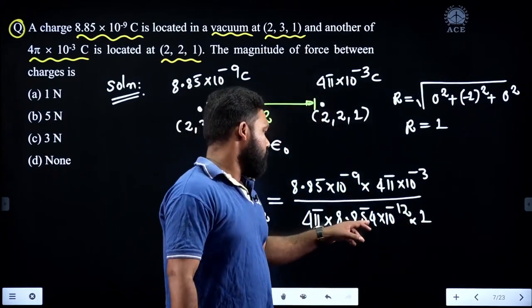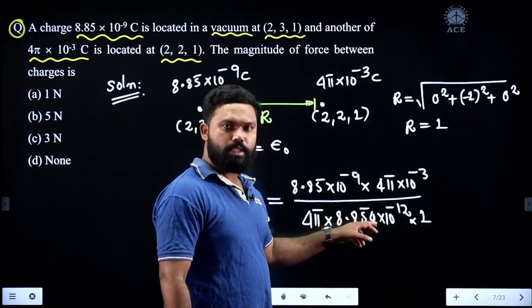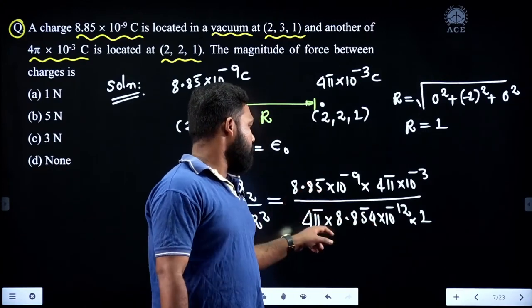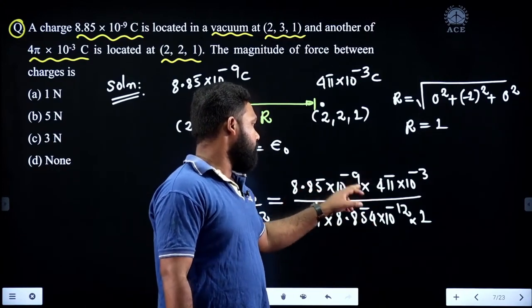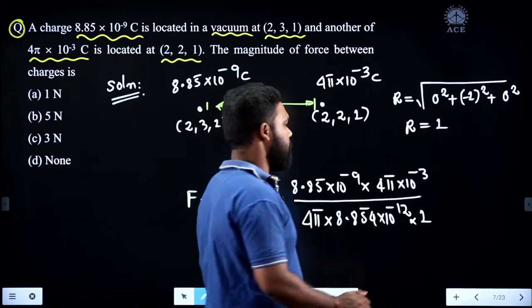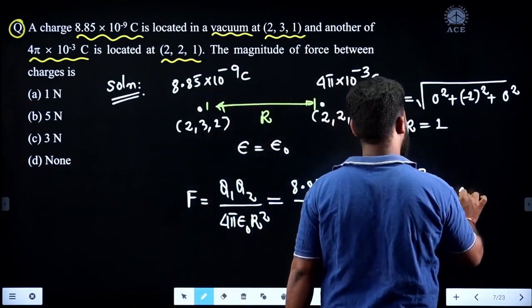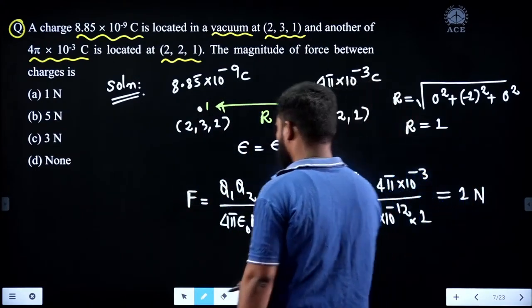So you can just discard the 4 pi, these two cancel. Here 10 to the power of minus 12, here also 10 to the power of minus 12. So the numerator is the same as the denominator, it is 1 Newton is the answer.